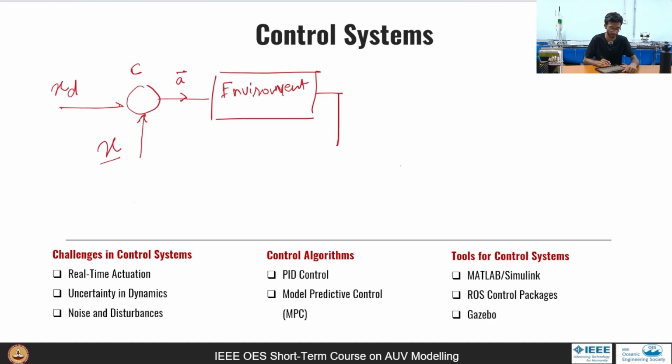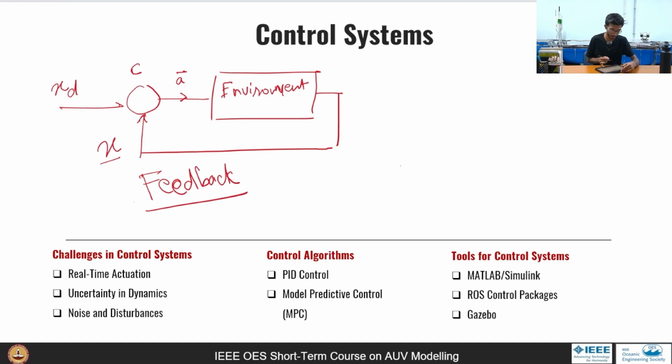This will result in a new state for the AUV, and that new state will again be compared with a new reference desired state, and the controller will keep on generating a new action for the AUV to track. This is essentially called the feedback loop in autonomous systems.